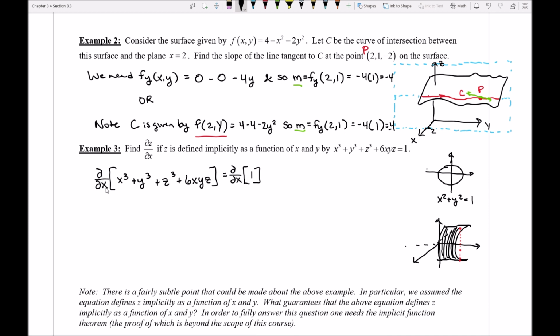So if I did the partial derivative with respect to x of x to the third, I would just get 3x squared. If I do the partial derivative of y to the third, if y is a number, that should get me 0. If I imagine z as a bunch of stuff with x to the third, I'm going to need to enact the chain rule. I would do 3 times stuff with x squared, and then times the partial derivative of that stuff with respect to x.